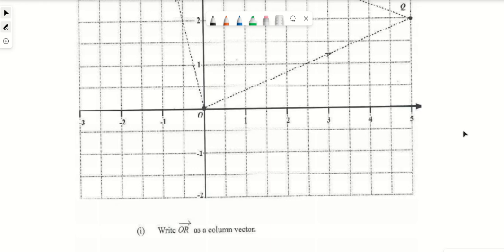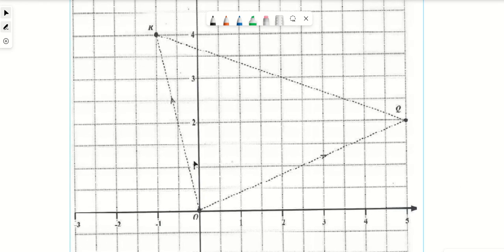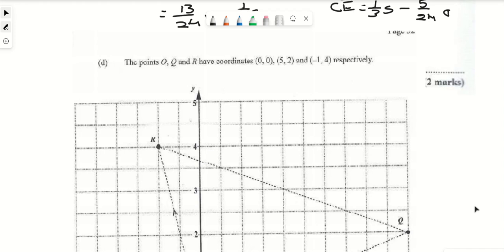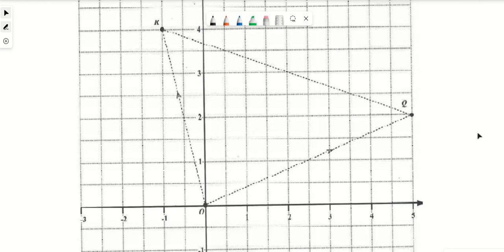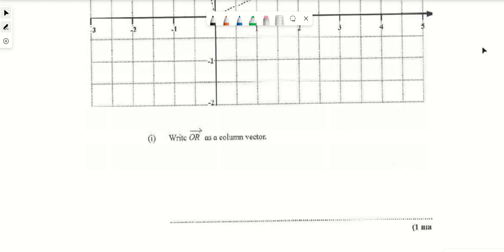Right? So as a column vector, OR would just be the coordinates of R, which is minus 1, 4. So let's just write this. As a column vector, we know R is equal to (-1, 4).